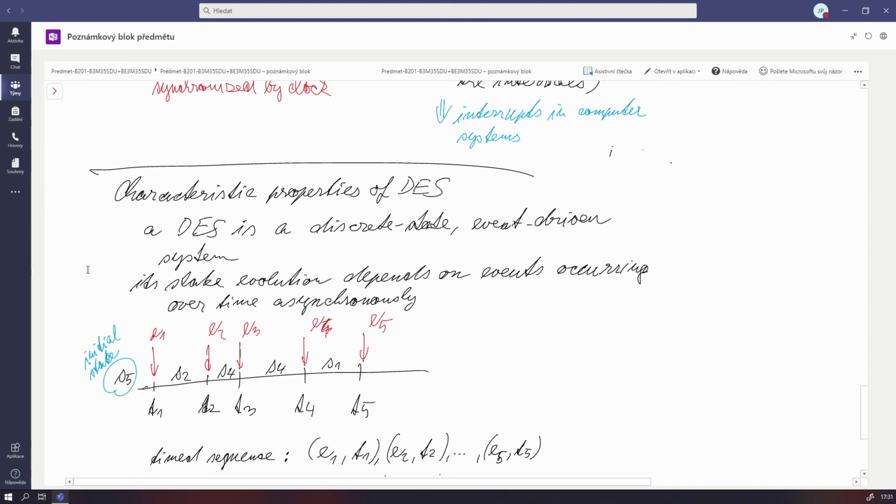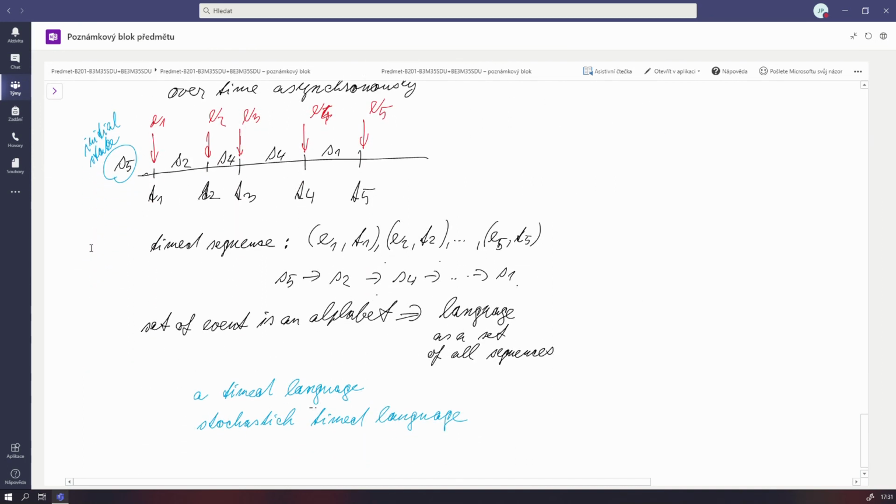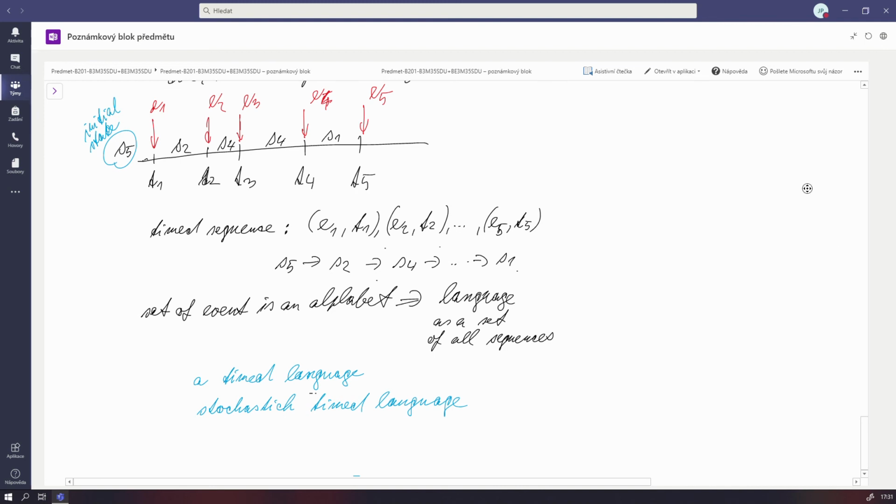And contrary to this, we can remove all the timing and probability information, and we get an untimed sequence, or just logical behavior.